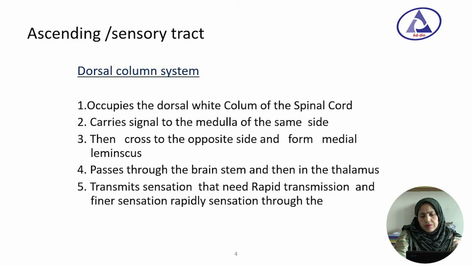The dorsal column medial lemniscal system occupies the dorsal white column of the spinal cord and then carries the signal to the medulla of the same side. Then it goes to the opposite side and forms the medial lemniscus, and then passes through the brain stem and into the thalamus.